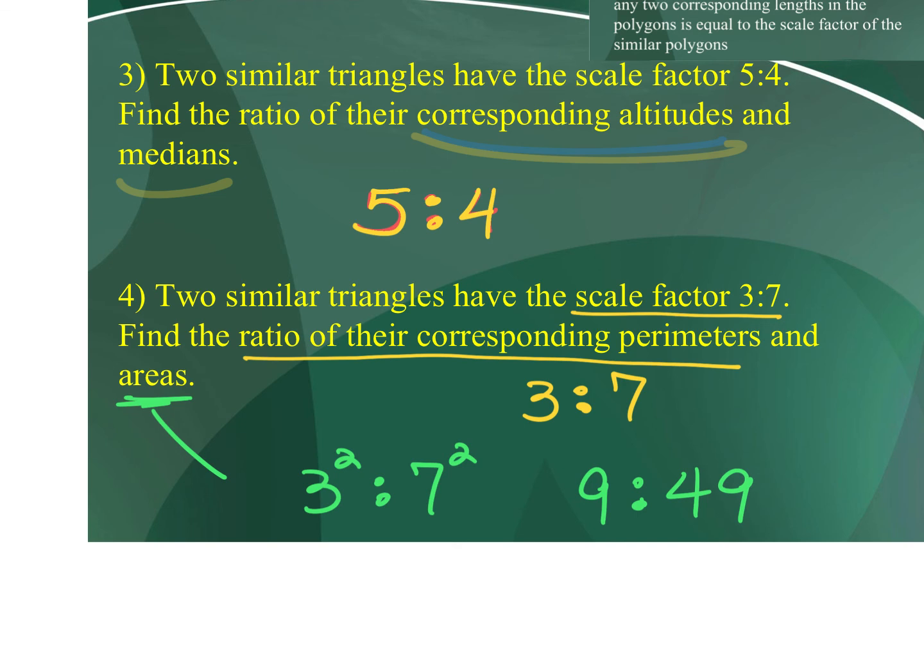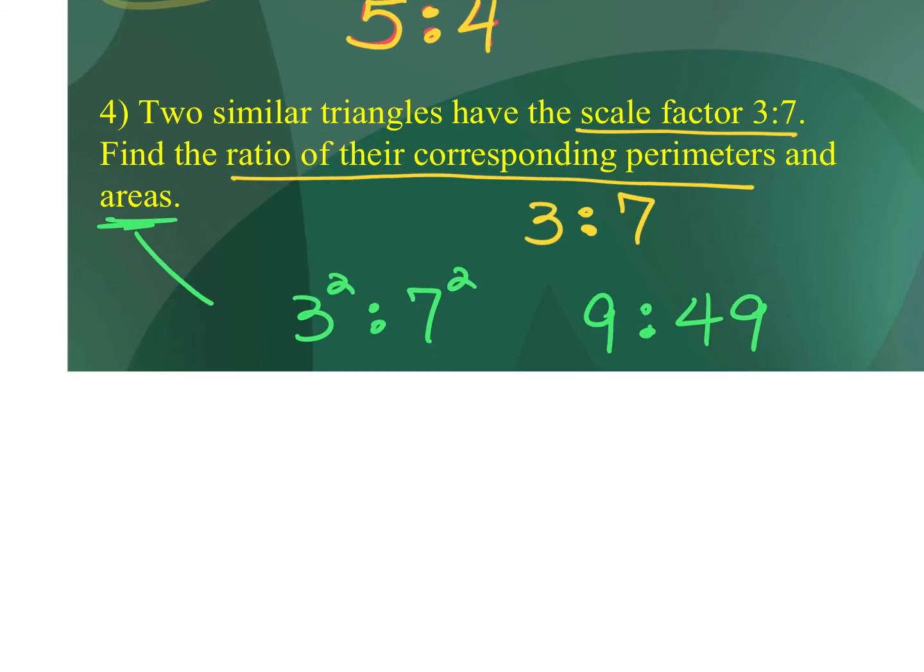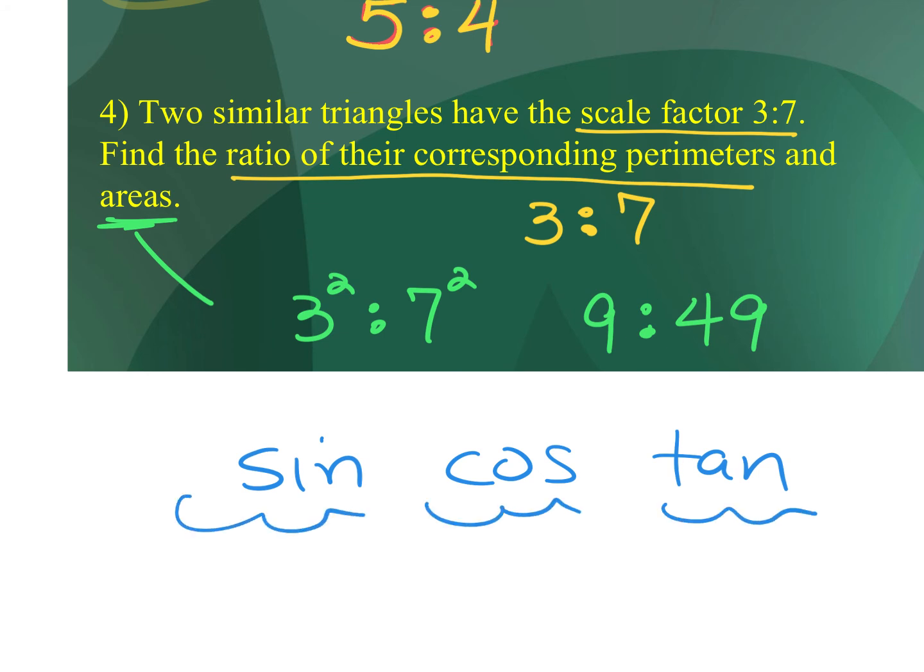Any scientific calculator will work. You're looking for a calculator that has the buttons sine, cosine, and tangent on it. It should have a button that has SIN, COS, and TAN. That's the type of calculator you're looking for. So just make sure it has these buttons on it so you can do the trigonometry.